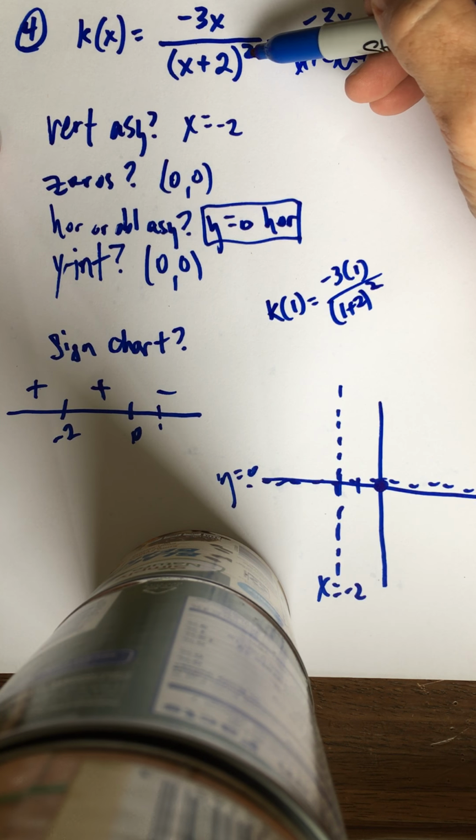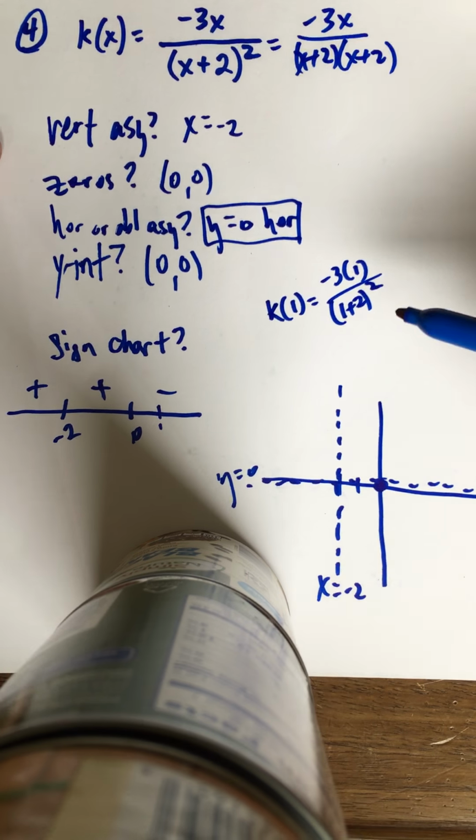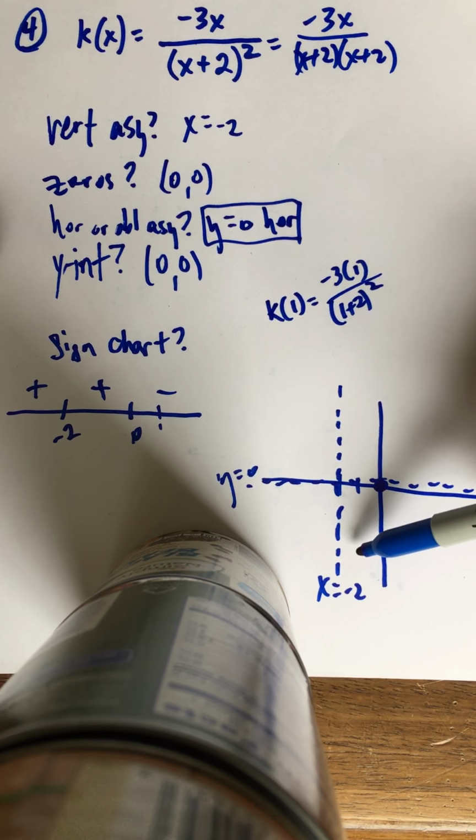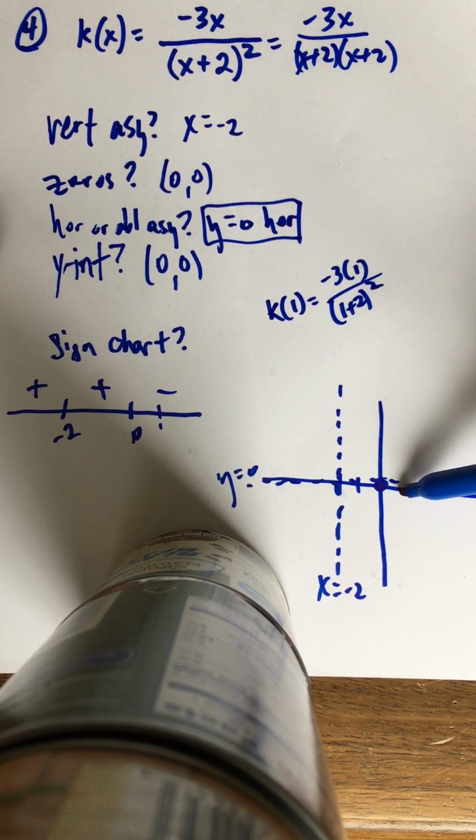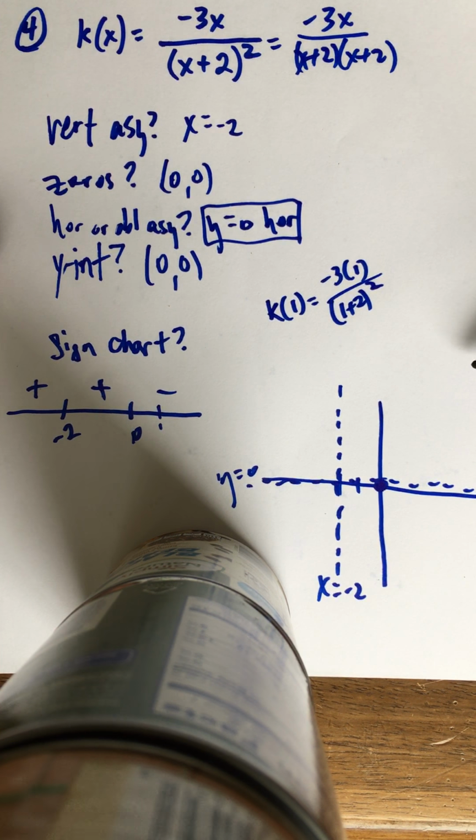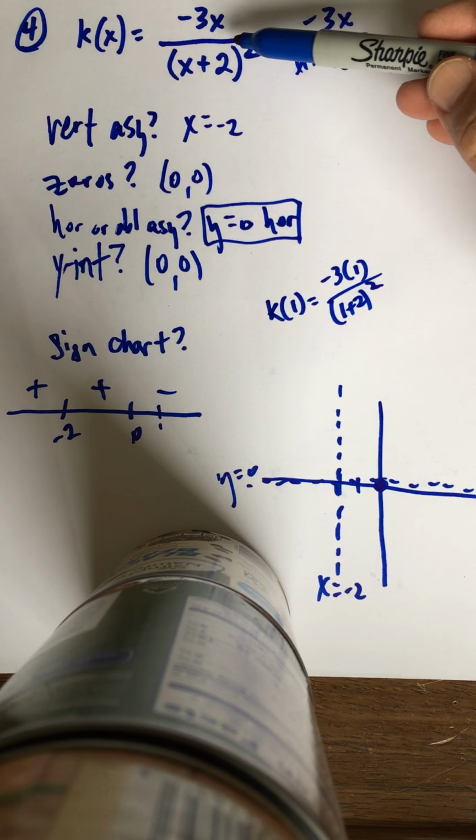It's only if it's an even number of repetitions. If it was an odd number of repetitions and it's going to cross at -2, let's just say that was a 0, then it would actually go up, flatten out, and then continue crossing, going across like that.